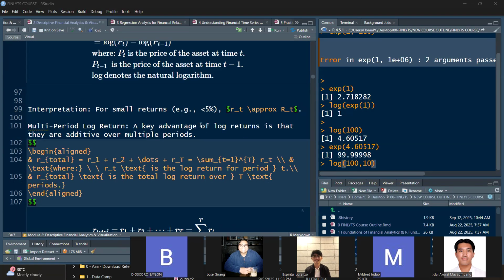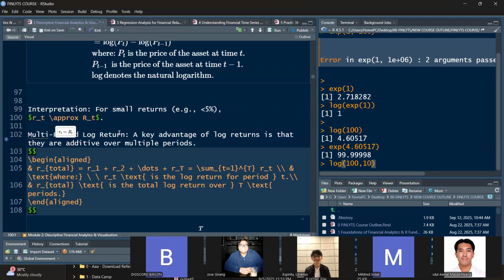Example, class, interpretation. R sub t. Now for small returns, let's say less than 5%, take note of this. For very small returns, class, R sub t, the log return, is approximately equal to the simple return. Let me put this here so that you can see the printout.